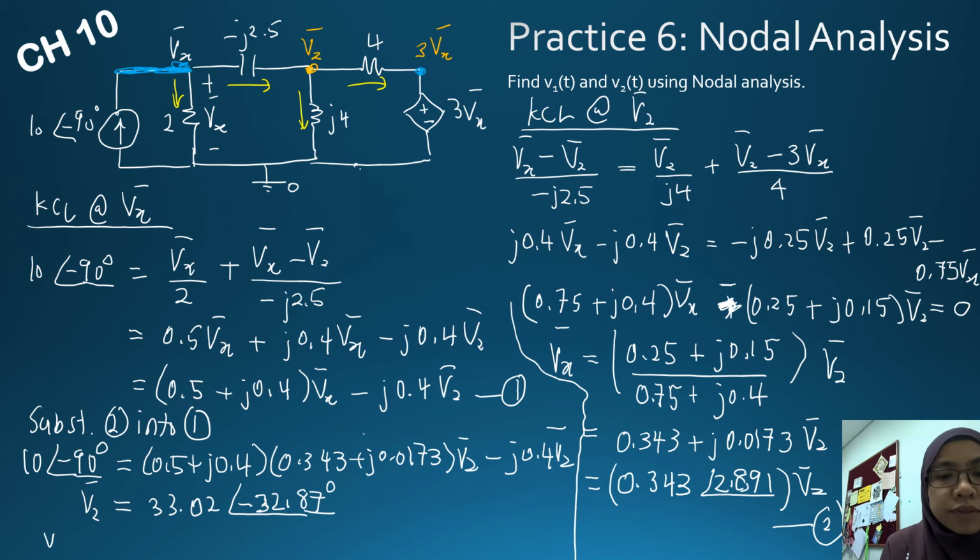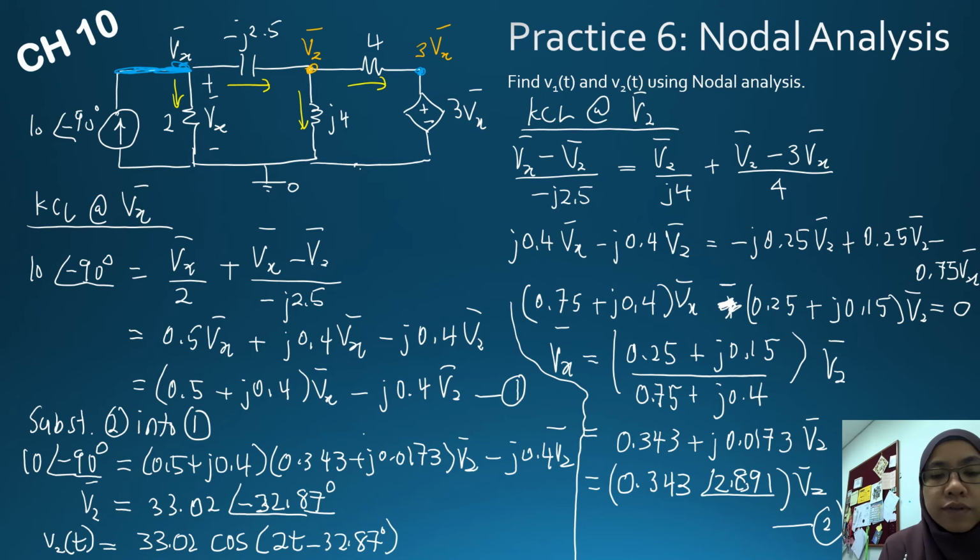Or we write V2 with respect to t equal to 33.02. Remember, this is in cosine and omega is 2: cosine of 2t minus 32.87.